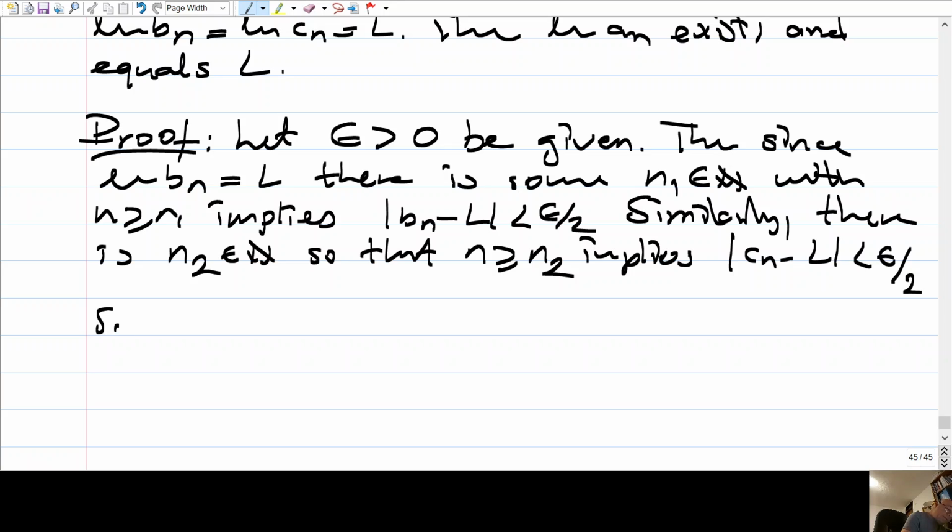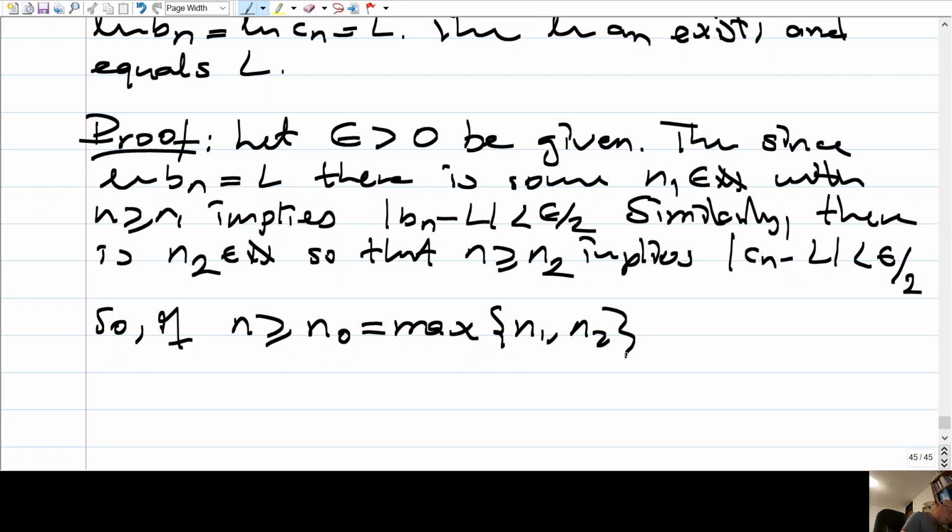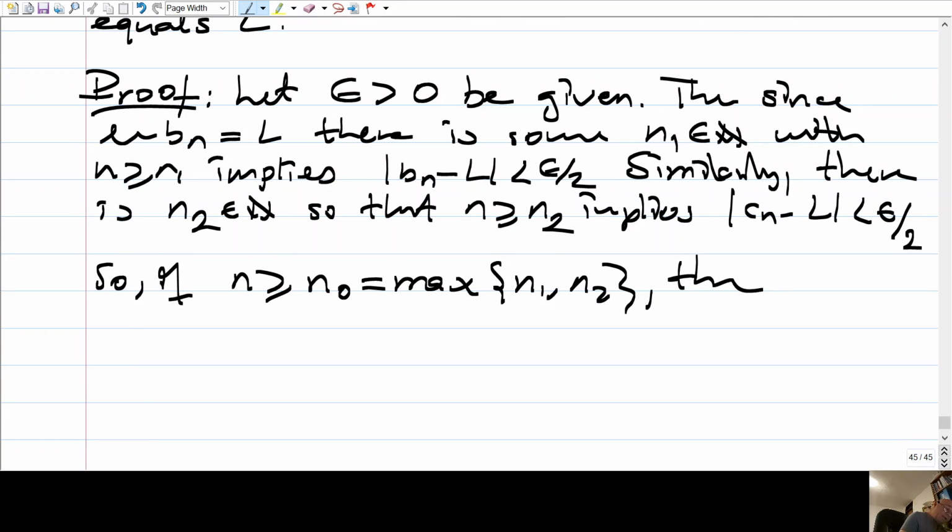So if n is greater than n0, which is the maximum of n1 and n2, then I have the following. N will be larger than n1, therefore we will have Bn, which is greater than L minus epsilon over 2, right? But Bn is less than An, no. An was larger, right?